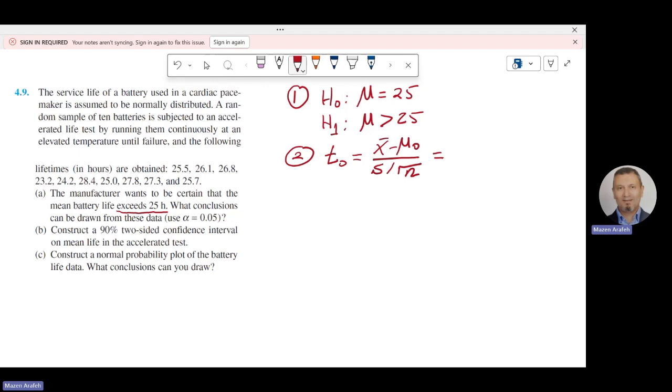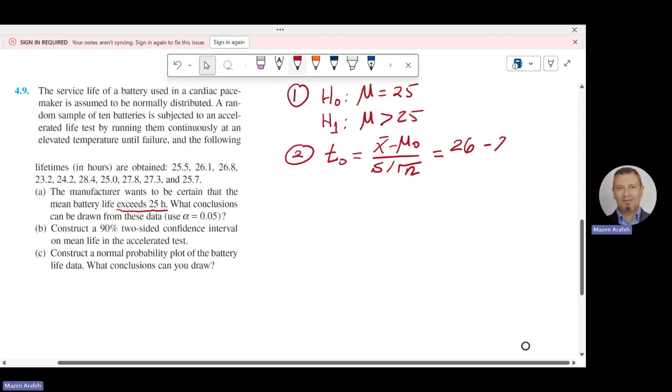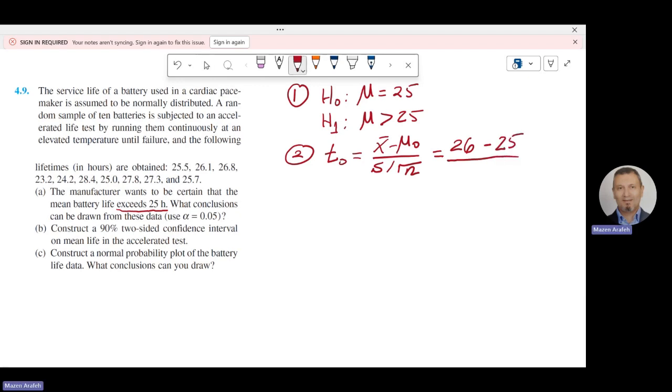So x bar, I already calculated, and it is equal to 26, minus the hypothesized value 25, divided by s. Also, I calculated the standard deviation.